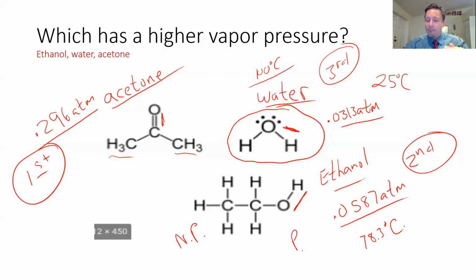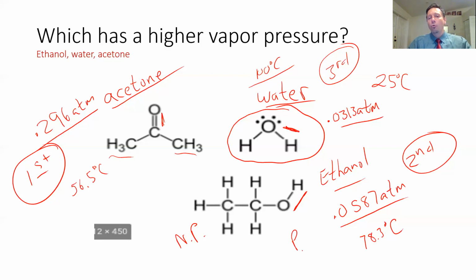We have a moderate vapor pressure, and we have a relatively high boiling point. And if we look over here at acetone, its boiling point is 56.5 degrees Celsius. So with that now, we have a high vapor pressure and a low boiling point. So that's the correlation between those.